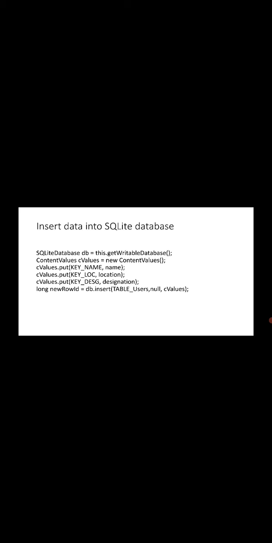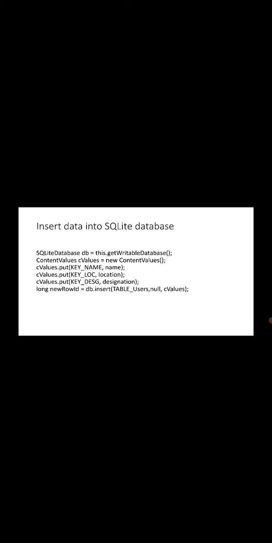Now we see how to insert data into the SQLite database programmatically. Here we are creating a reference named DB by calling the method getWritableDatabase with the current object, that is this. The DB is a reference of SQLite database.